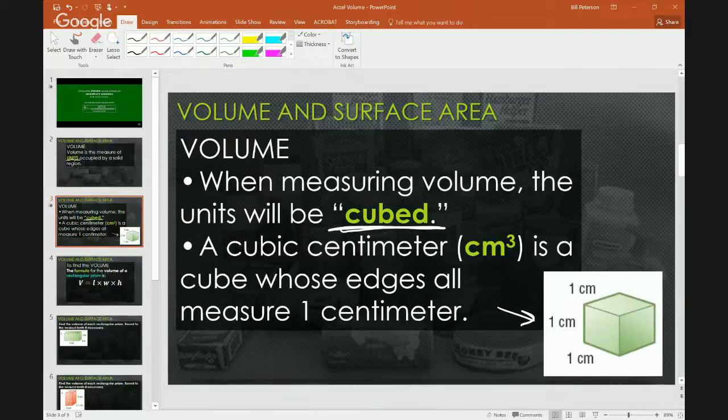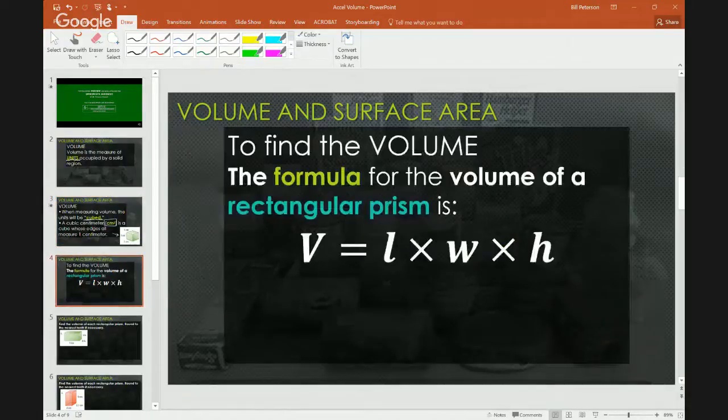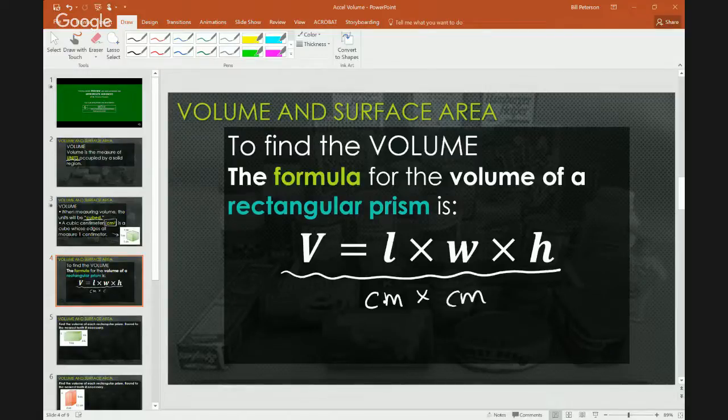If we're going to fill up this box, whose edges are 1 centimeter by 1 centimeter by 1 centimeter, our label is going to be in cubic centimeters. Because when we have the equation, volume equals length times width times height, we're measuring centimeters times centimeters times centimeters, which gives us centimeters cubed. That label is important when dealing with volume.